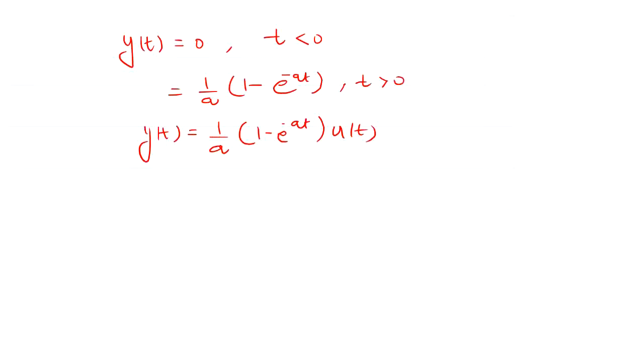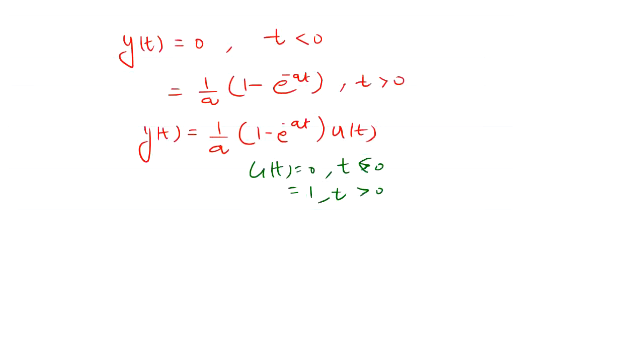So why have I written this in this form? Because u(t) is equal to 0 for t less than 0, and it is 1 for t greater than 0. If we consider t less than 0, then u(t) is equal to 0, so y(t) is equal to 0.